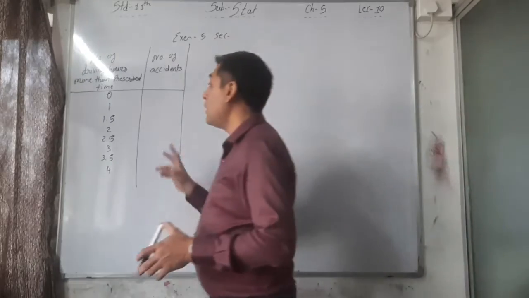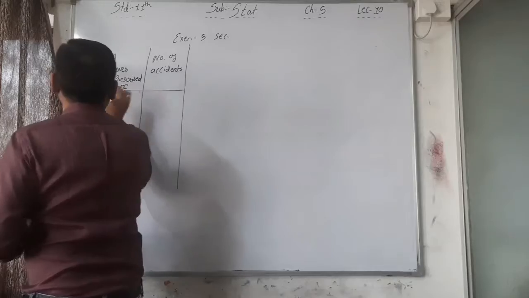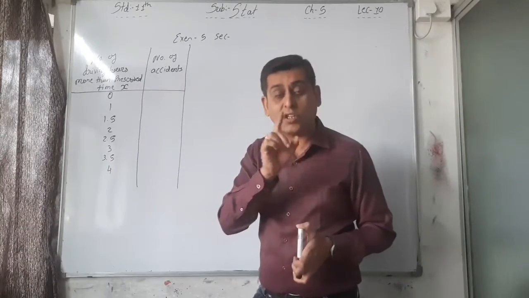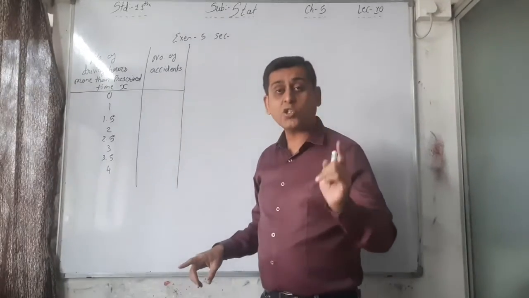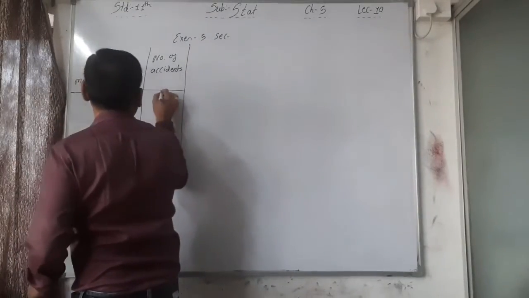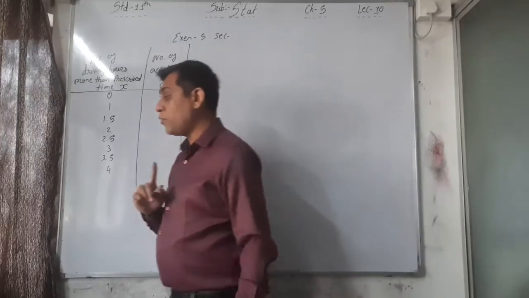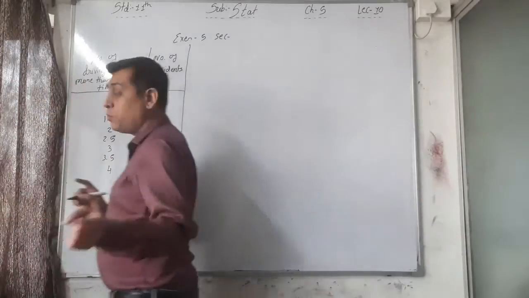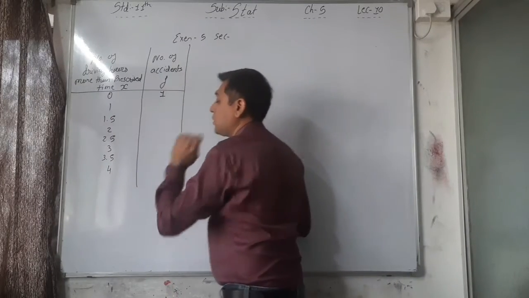If we change the order of the original observations, X, then the corresponding frequency of each particular observation we have to write down here. What is the corresponding frequency of 0? The frequency of 0 is 1, so we write f equal to 1 first. We cannot write 5, 4, 3 as it is. What is the frequency of 0? That is 1. What is the frequency of 1?